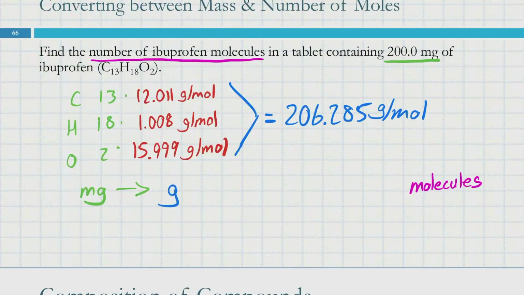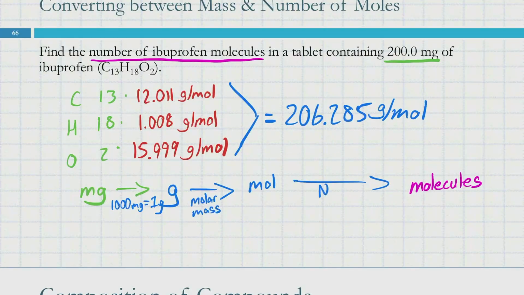Grams. 1,000 milligrams equals 1 gram. From grams, what can we go to? Moles, using what? Not Avogadro's number. The molar mass that we just calculated. And from moles, we can go to molecules using what? Avogadro's number. N sub A.